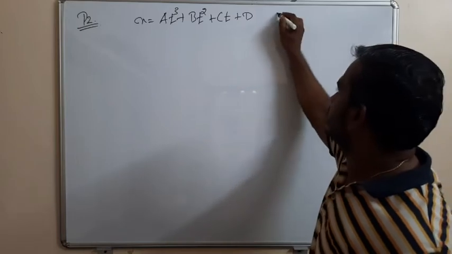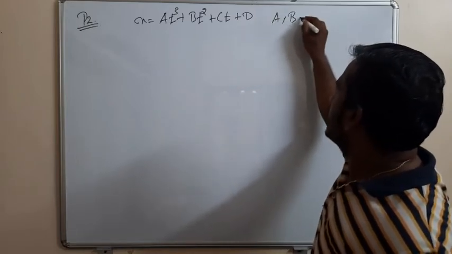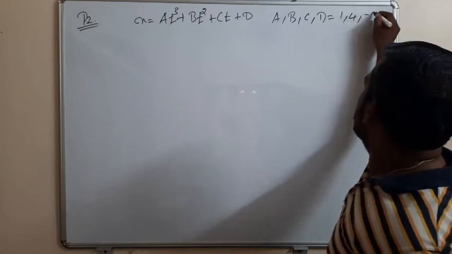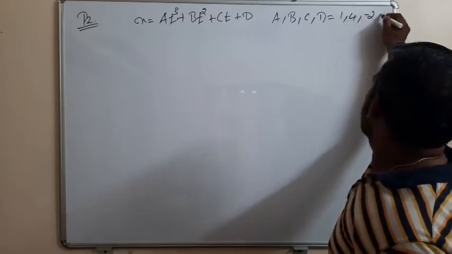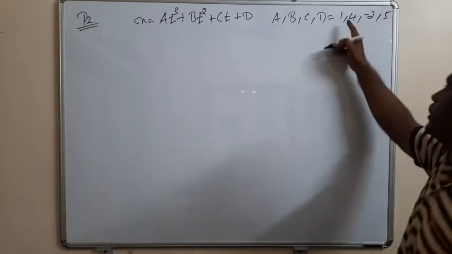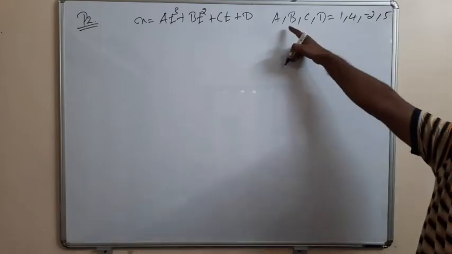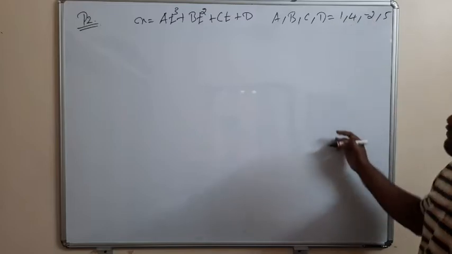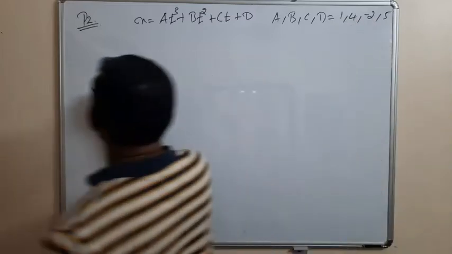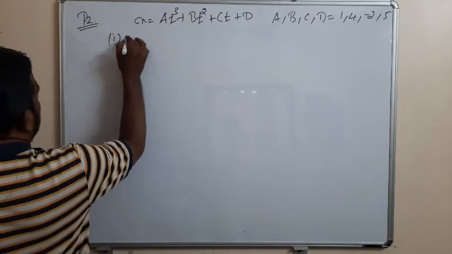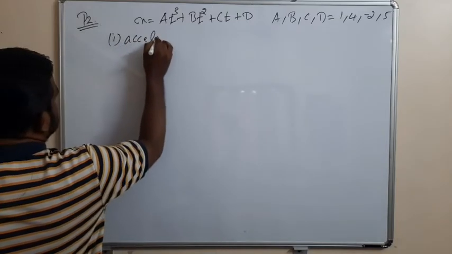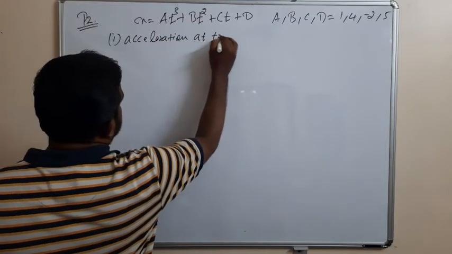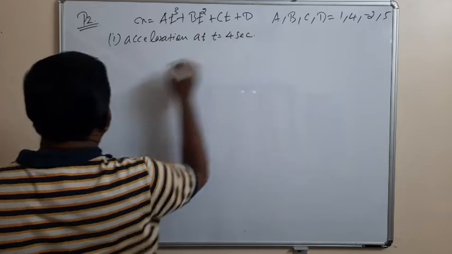Their values are 1, 4, minus 2 and 5 respectively. Find one, the acceleration at t is equal to 4 seconds.